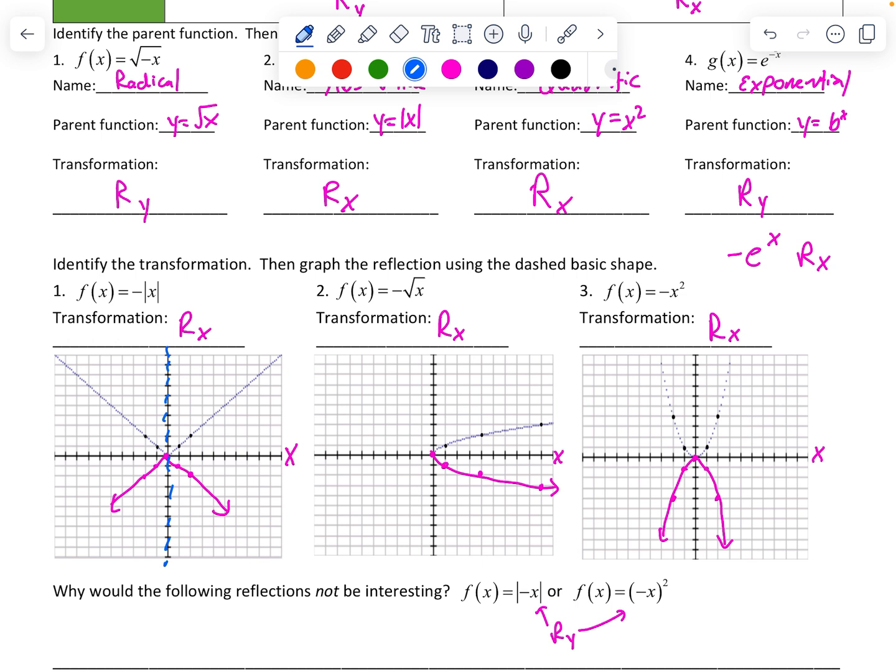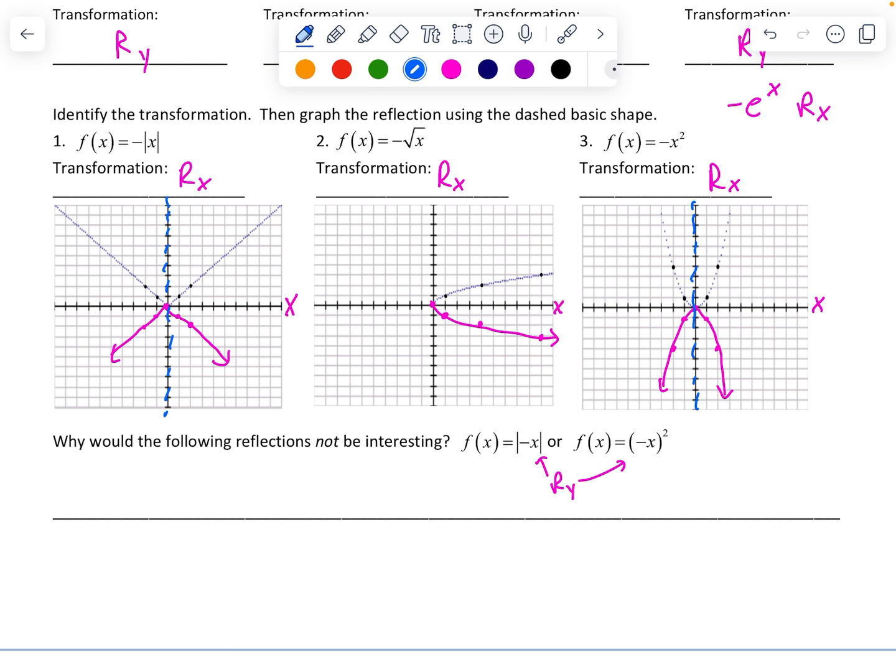Same thing with a quadratic. If I reflect it across the y-axis, it's again going to look exactly the same. So why would it not be interesting? They would look the same reflected across the y-axis.